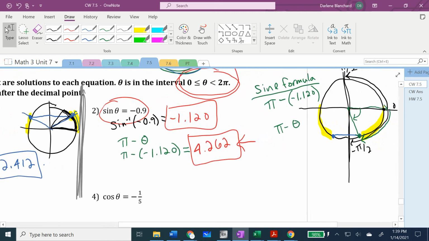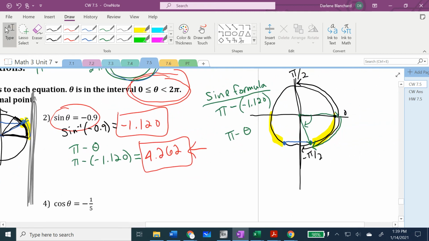The reason I want you to find two positive angles is for you to get an understanding of how you can use your calculator to solve your trig equations, and how you can get more answers as well.